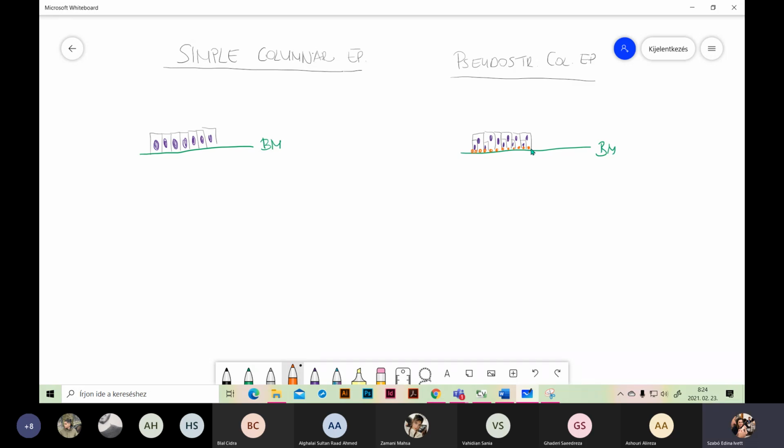Isn't it reserve cell? Thank you, reserve cells. These are reserve cells. And each cell can have a surface modification. These surface modifications can be microvilli, kinocilia, or stereocilia.